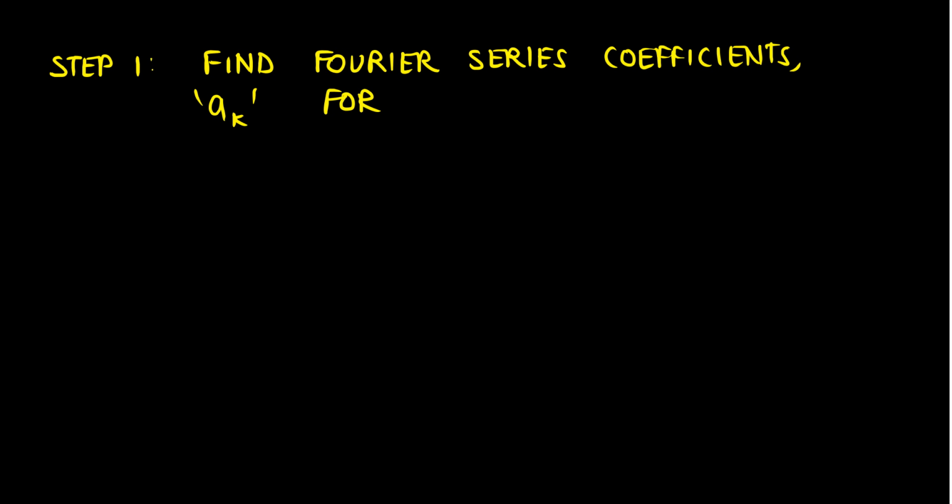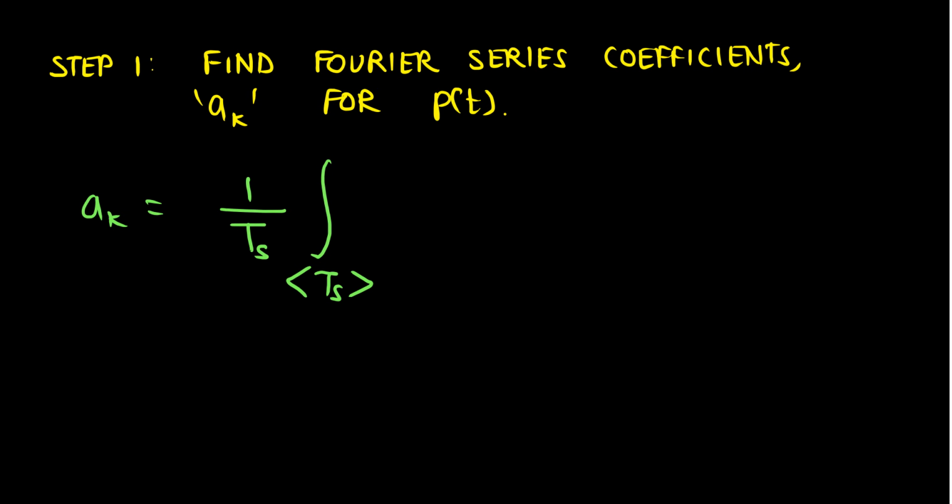for P of t. And these AKs are given as 1 upon period, that is 1 by Ts, integral over the period, P of t into e to the power minus j k omega naught t dt.